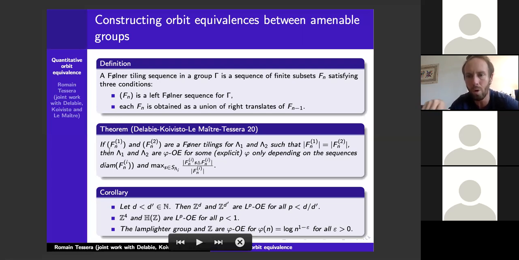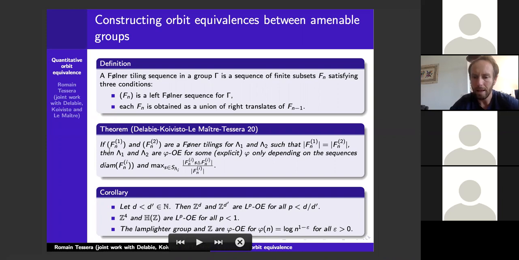So this has to decay fast, and at the same time you don't want the diameter, not the size, but the diameter of Fn, to grow too fast. If you can control well the growth of the diameter and have a fast decay, then you will have a good integrability condition, some good phi.